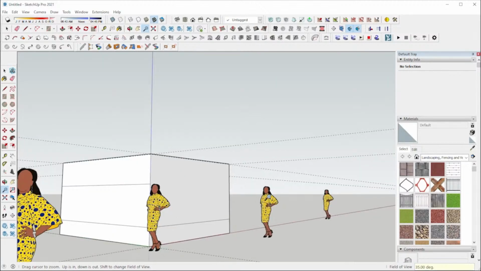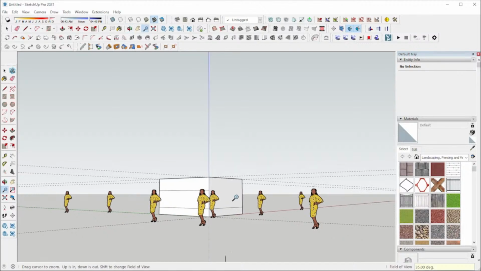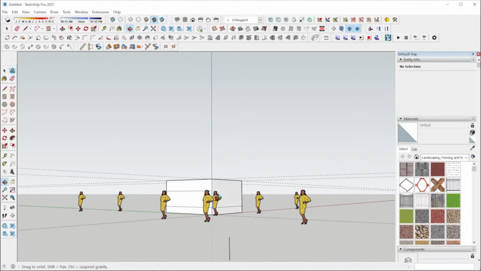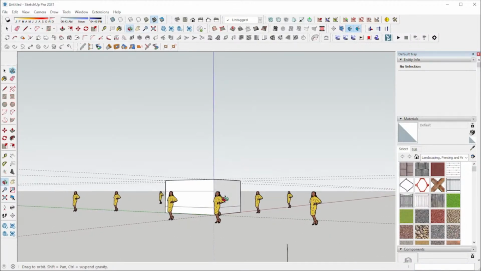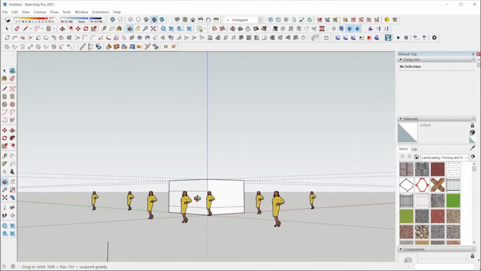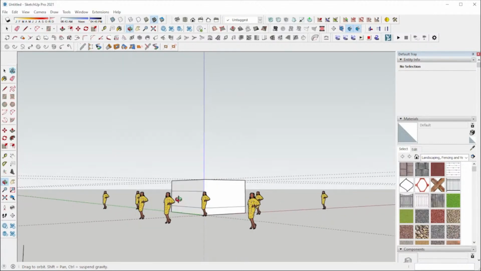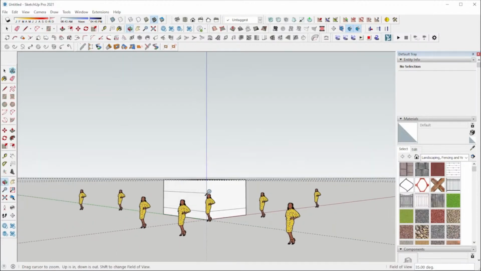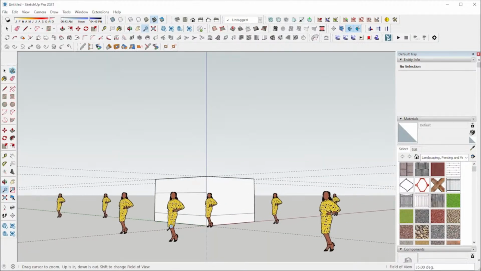Let's change it to 35. Right now I don't have any. The vanishing points are out of our frames. Okay, let's go back to the Photoshop and try to draw something, and then we will come back here to describe a few more things.